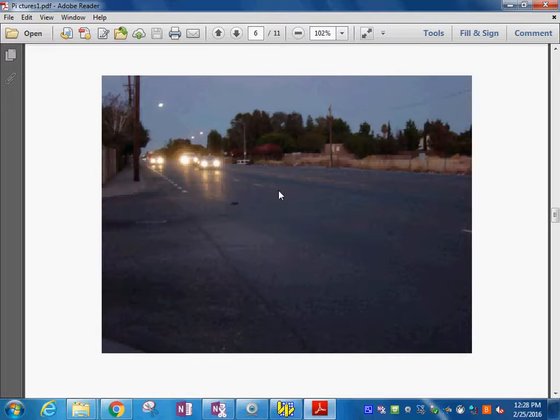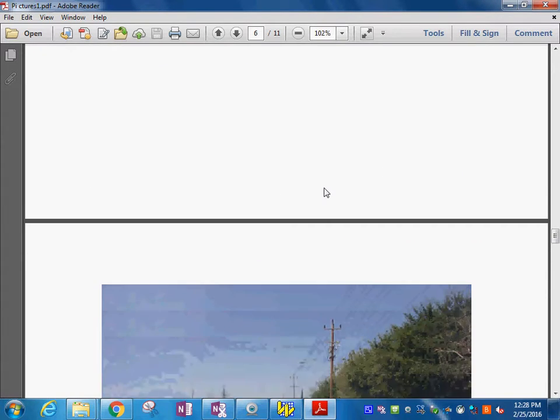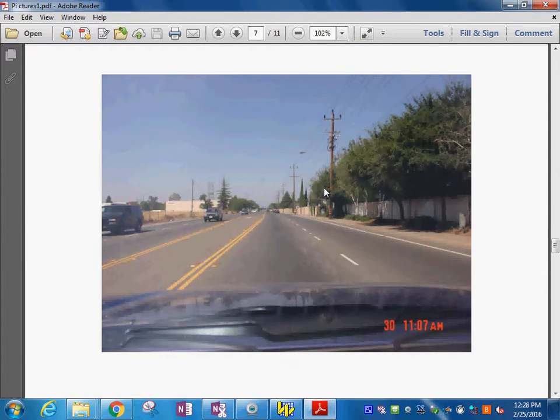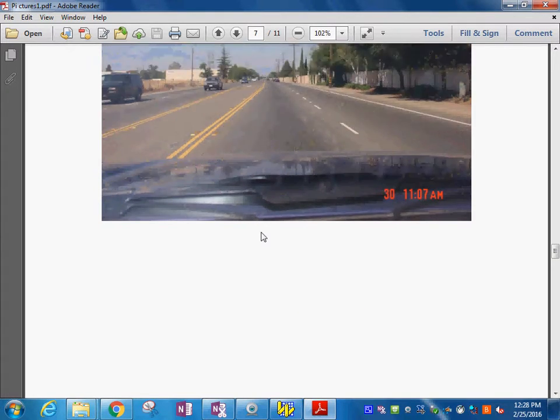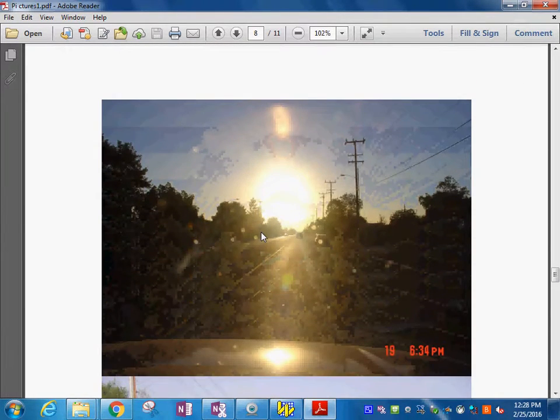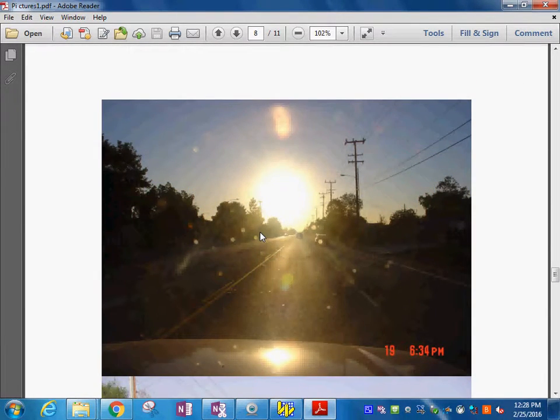This is a view coming from the other side. The intersection is ahead of us. And this is a view taken as one car approaches the intersection at the same time as the other, and about the same time as the accident occurred.